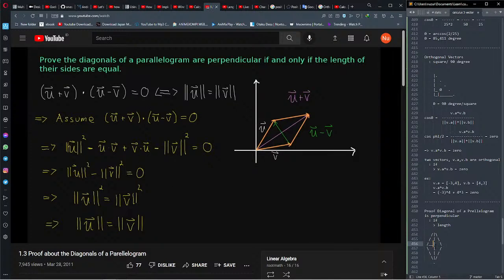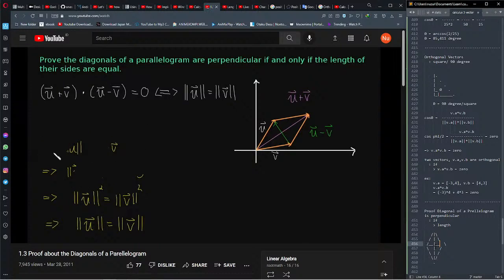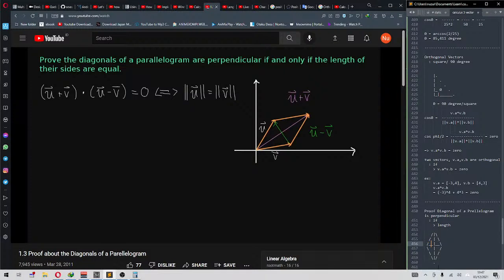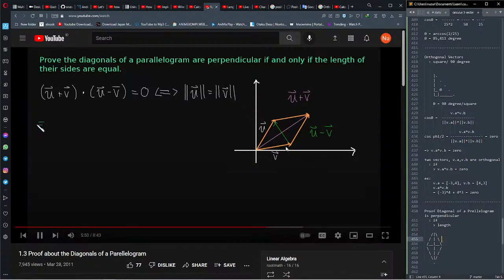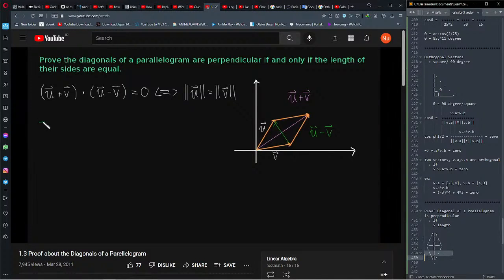Let's go ahead and prove that if the lengths are equal, then the vectors must be perpendicular. So I'm just going to write this kind of backwards implies arrow just to indicate we're doing the other part of the proof now.